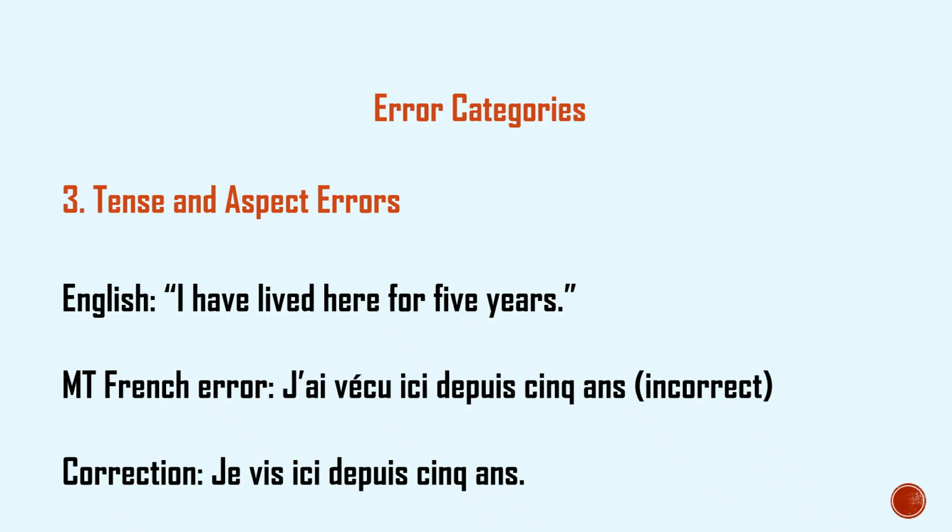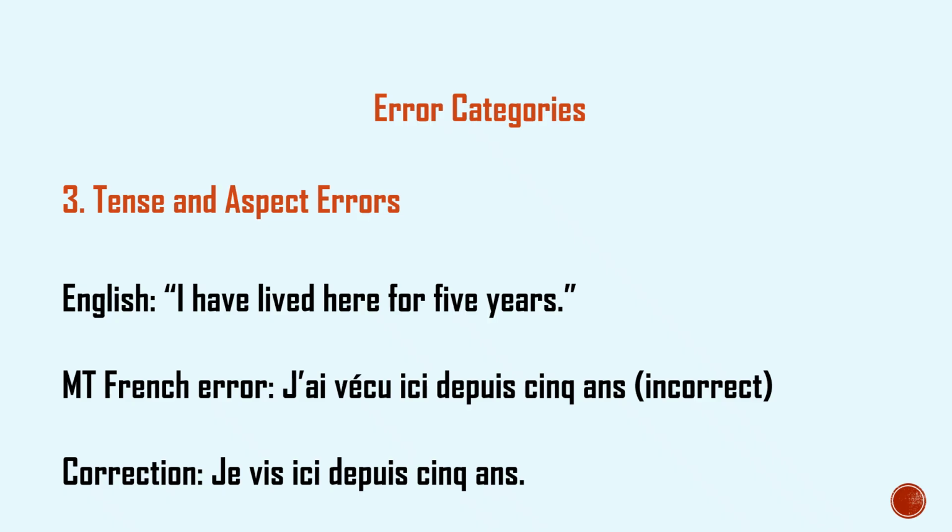In French, however, the passé composé expresses a completed action which contradicts the idea of ongoing residence. To express duration that continues up to now, French uses the present tense plus depuis, as in the correct translation below, Je vis ici depuis 5 ans.